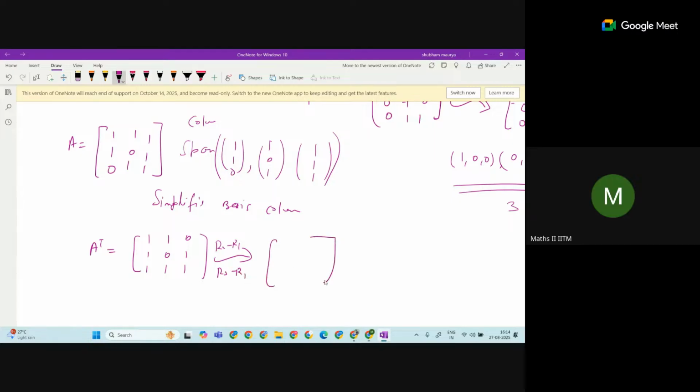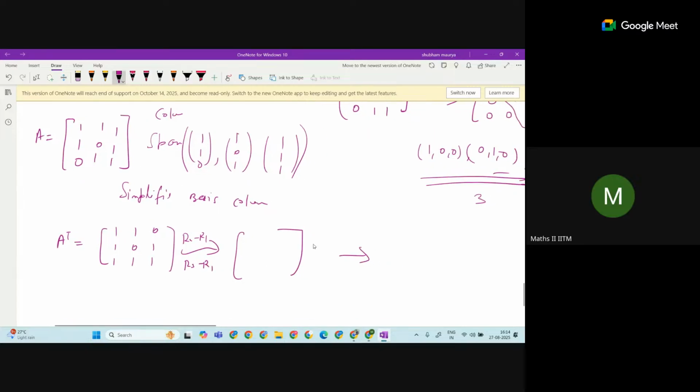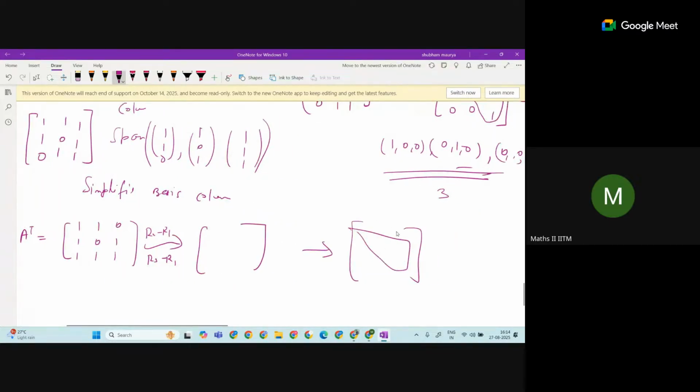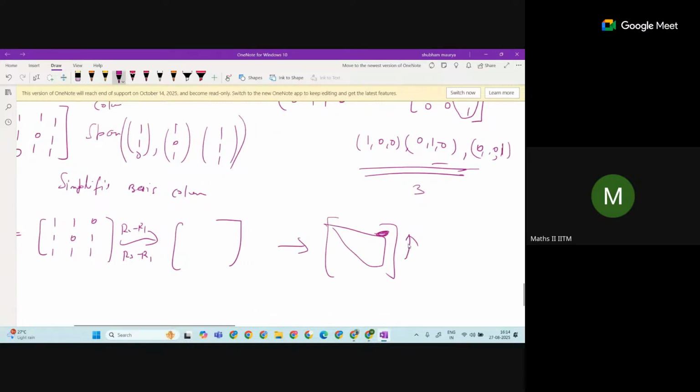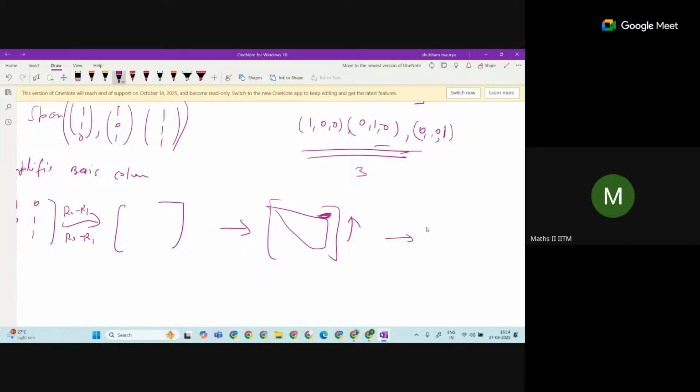Then, not only upper triangular, start reducing the non-zero entries above also to 0. Slowly, if you do it, you will end up with the identity. You can check it.